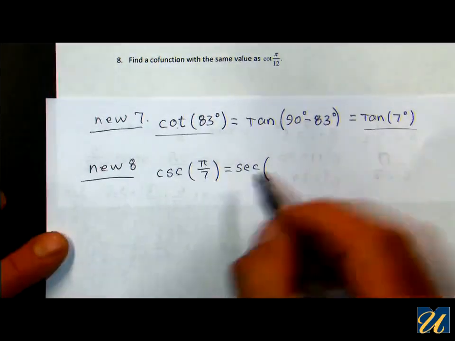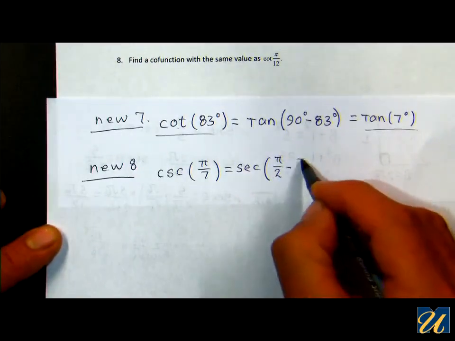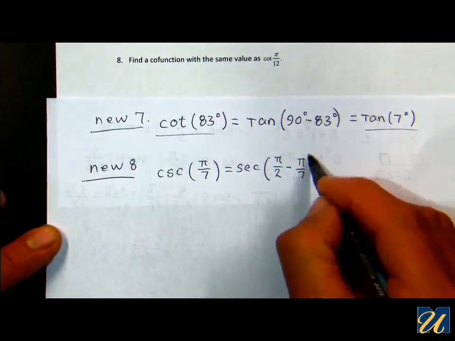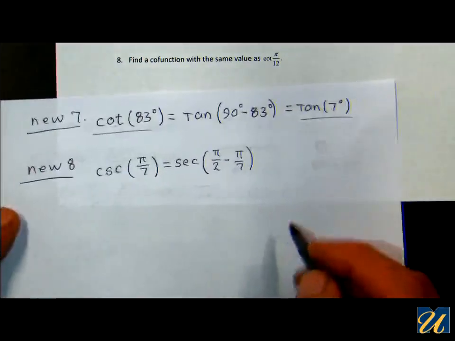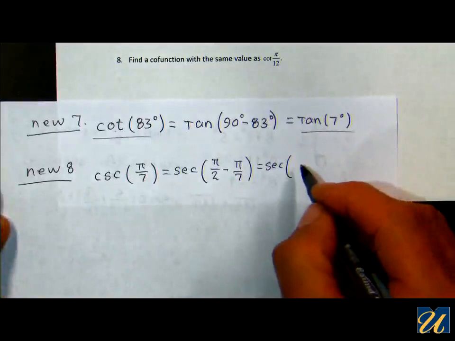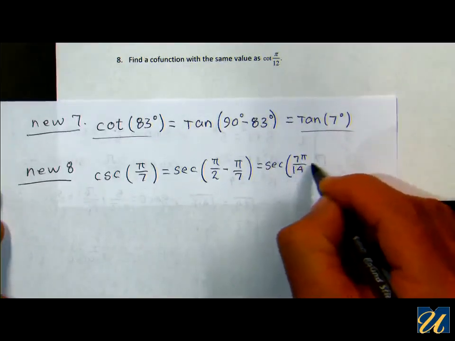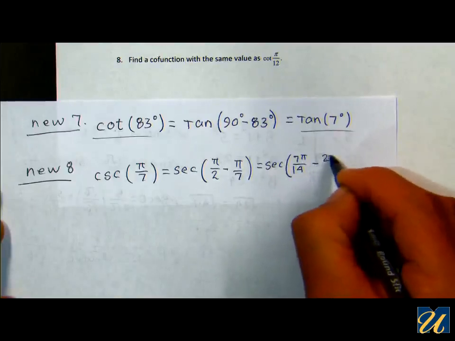Now, since we're in radians, 90 is pi over 2. 90 minus the angle. Okay, now I'll just work that out a little bit, find a common denominator. So this is the secant of, common denominator would be 14, 7 pi over 14 minus 2 pi over 14.